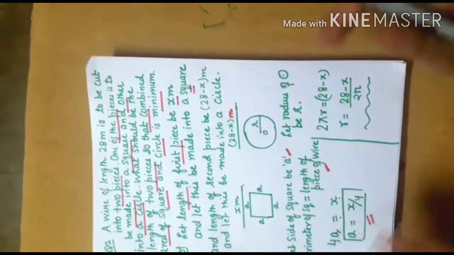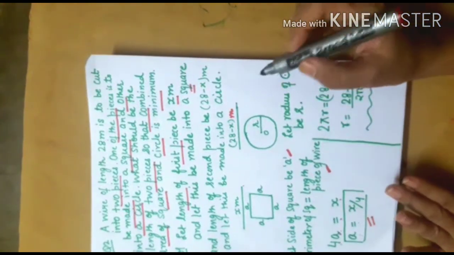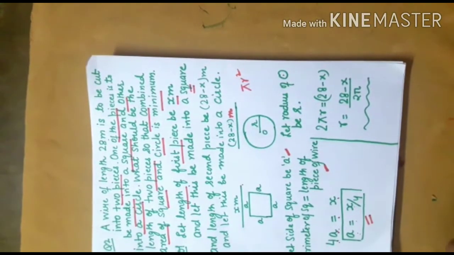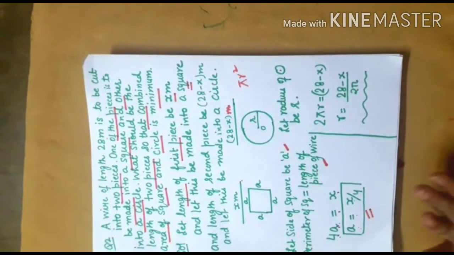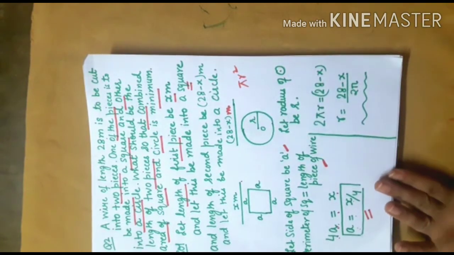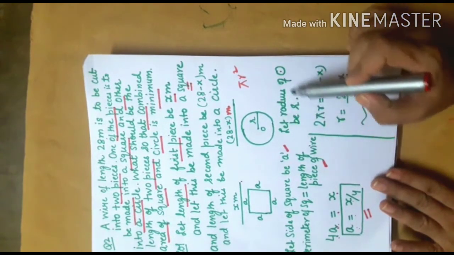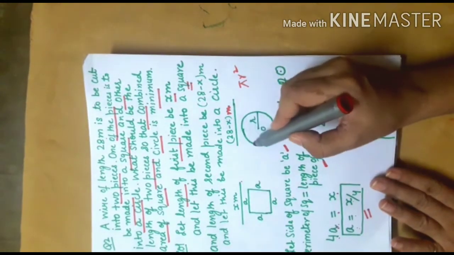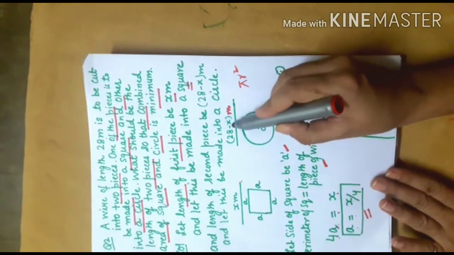Now similarly, area of circle is pi r squared, where r is the radius of the circle. So I need to know the value of r. Let the radius of the circle be r. Again, this circle is made with this wire.